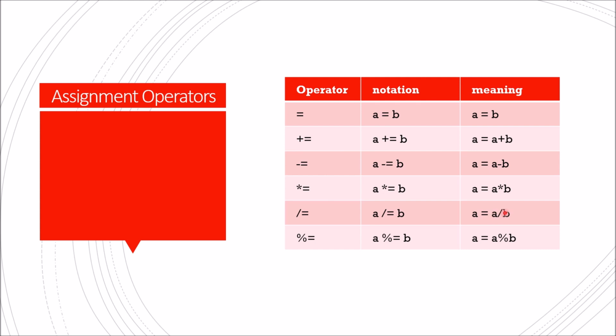A divided by b and store the result in a. So this equal means storing the result back here, and depending of the operator that you have before the equal sign, it's the operation that you're performing with this letter and the other operand, which is after the equal sign. Same here, have a look.